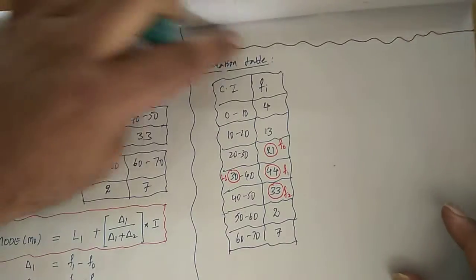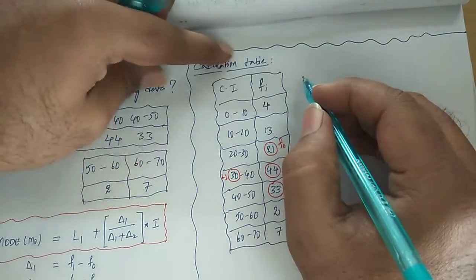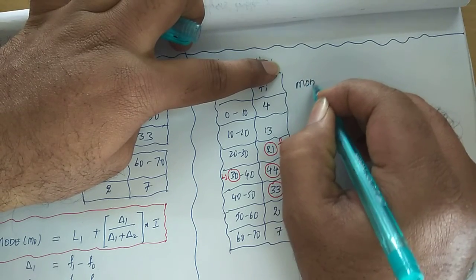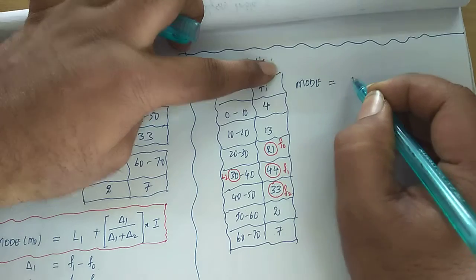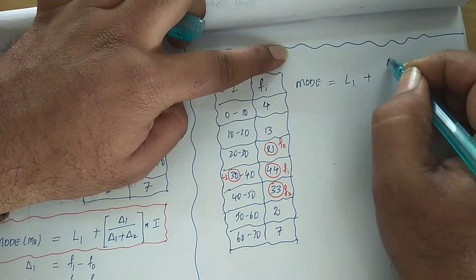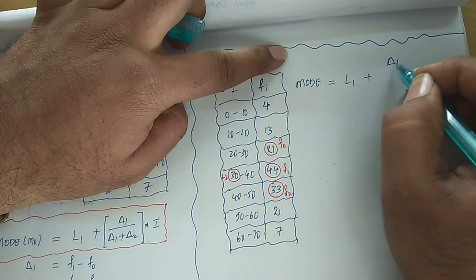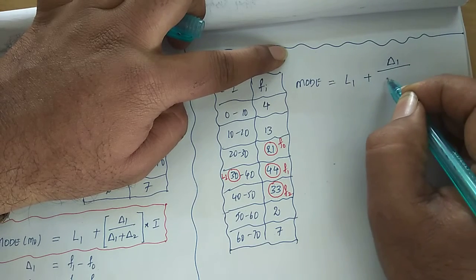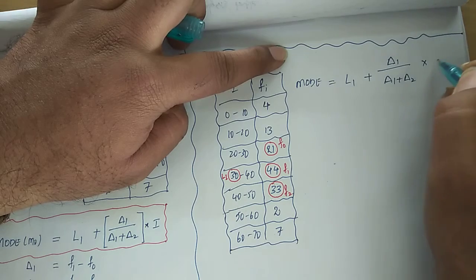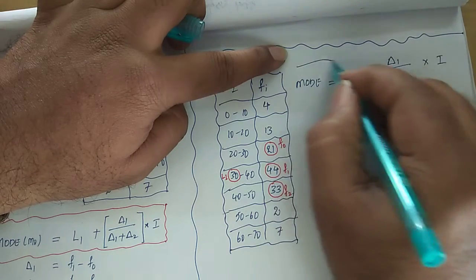So what is the formula? Therefore mode is equal to L1 plus delta 1 by delta 1 plus delta 2 into I. So this is the formula.